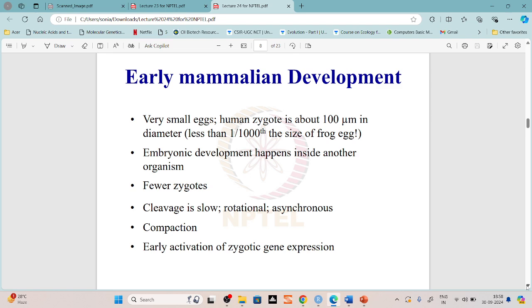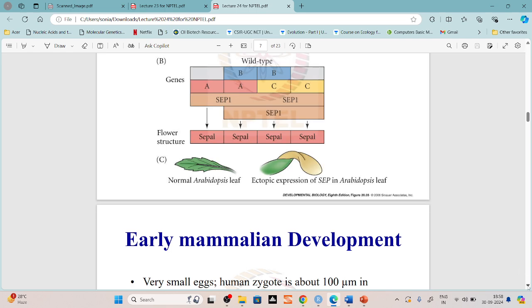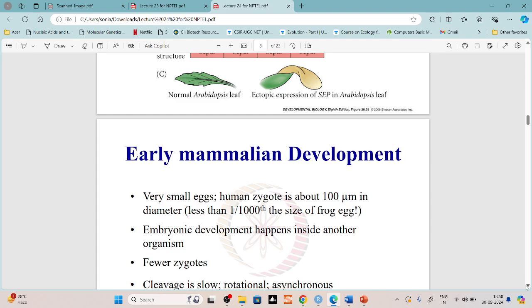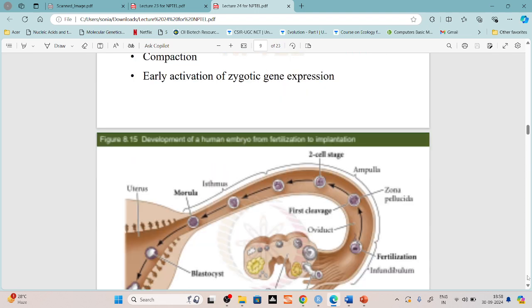Then there is compaction and early activation of zygotic gene expression. These are some of the differences in early mammalian development. One very important difference is that in plants there is no control in organ formation, and metamorphosis keeps on continuing, but that doesn't happen in mammals and animals.